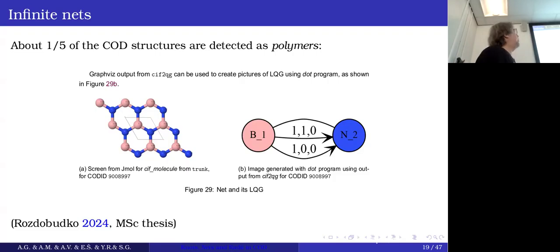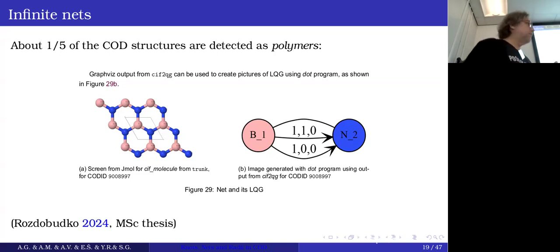They describe nets of covalently connected atoms that span infinitely in 1, 2, or even 3 directions. Here we have an example, boron nitride, which forms infinite 2-dimensional layers similar to graphite. So the question arises how we describe this.